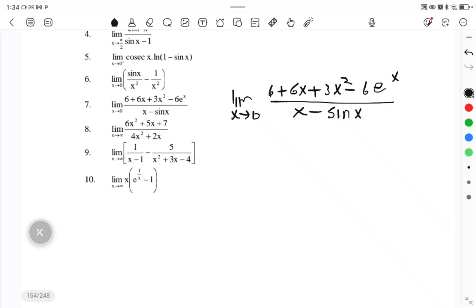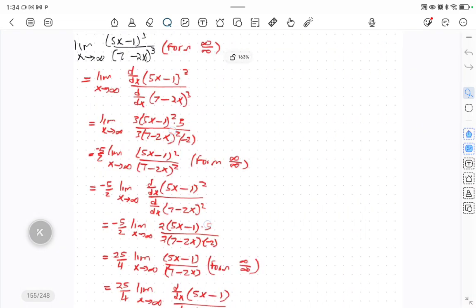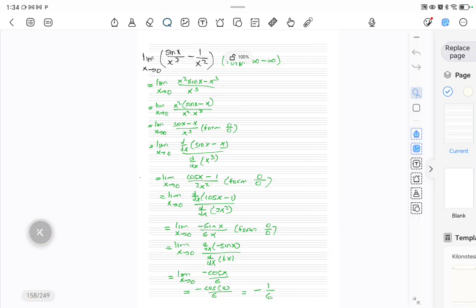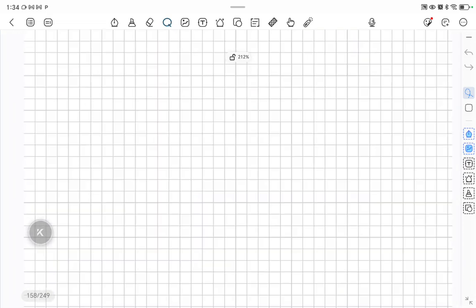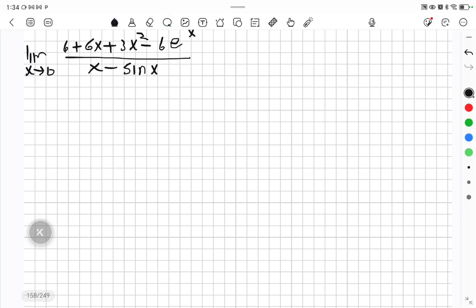You see, right? So first we check the form. The form here will be 0 on the denominator, and the numerator will also be 0. So 6 minus 6 will be 0. So if we check this, we must apply L'Hopital rule.